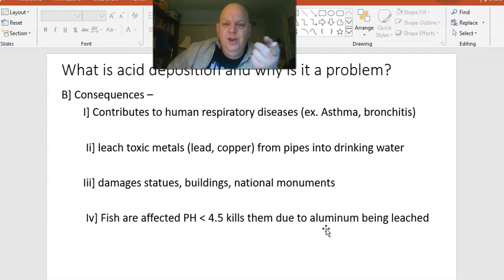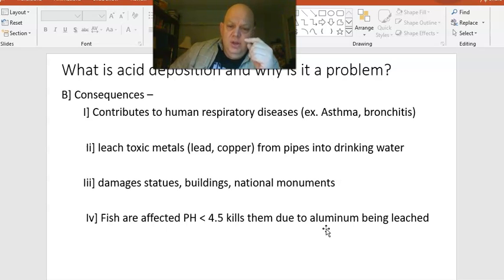Well, right, because a lot of those statues, buildings, and national monuments are made up of marble, which is a kind of limestone. So when the acid rain hits that marble slash limestone, there's a natural reaction. It starts to dissolve, it starts to break down. So now you guys can start seeing where the damage is happening with this.